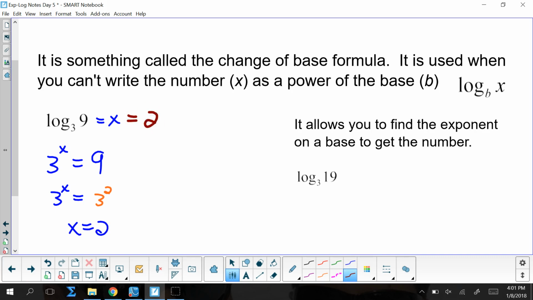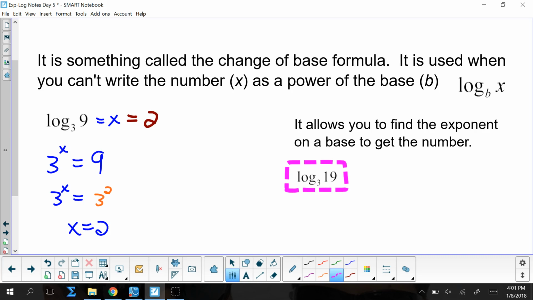Okay? That's all great and dandy, but what happens if we get something that looks like this? This right here, log base 3 of 19. There is no exponent that I can put onto 3 that gets me 19. So I have to use something called the change of base formula.